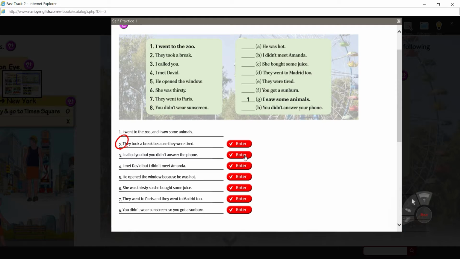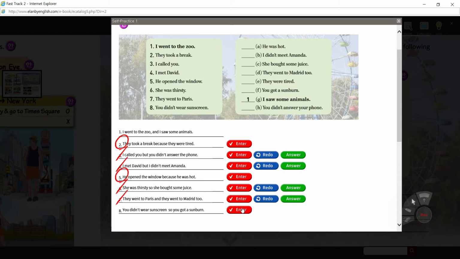Let's see how many of these are correct. That's good. Okay, looks like I got a lot of these wrong. Let's check the answers. Let's start with number 5 here.